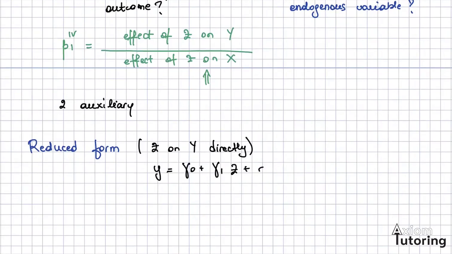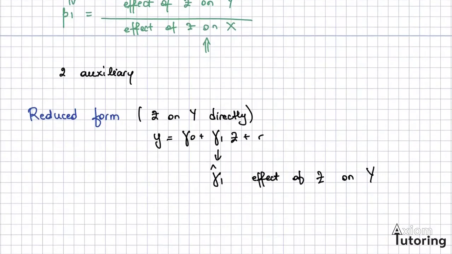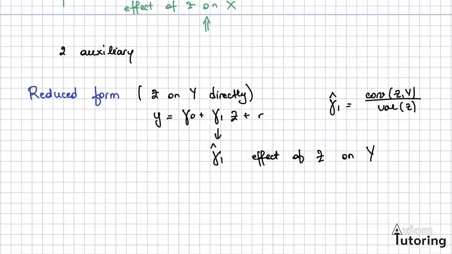And this gamma 1 hat here is the effect of z on y. Keep in mind, if we write this in the shape of OLS, this gamma 1 hat is basically the covariance of z and y divided by the variance of z.